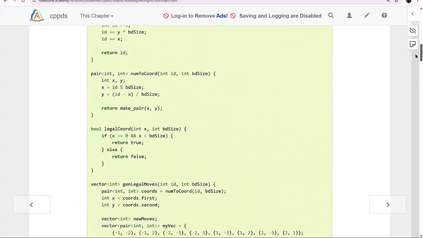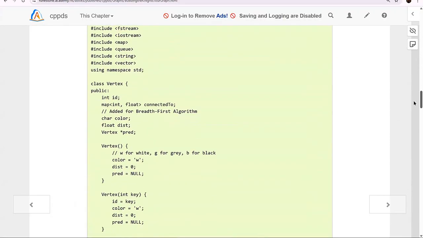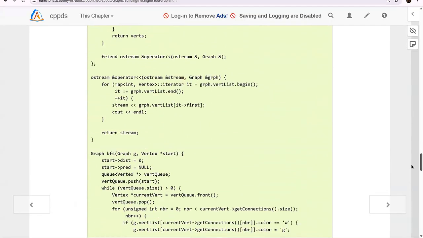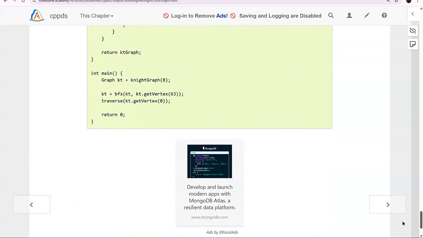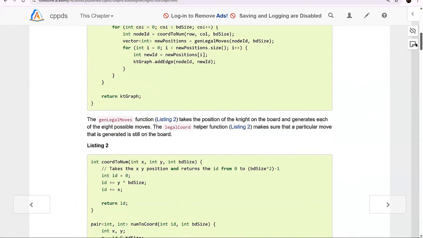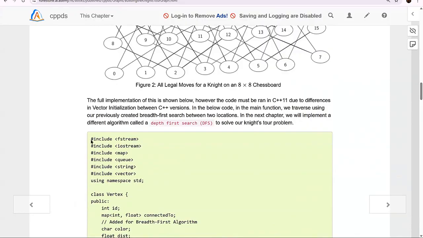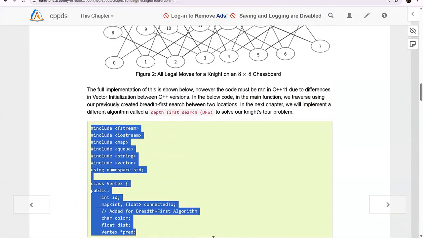So nice graph and nice keyword is also a depth first searching algorithm, okay? So let's include all of the code right here.